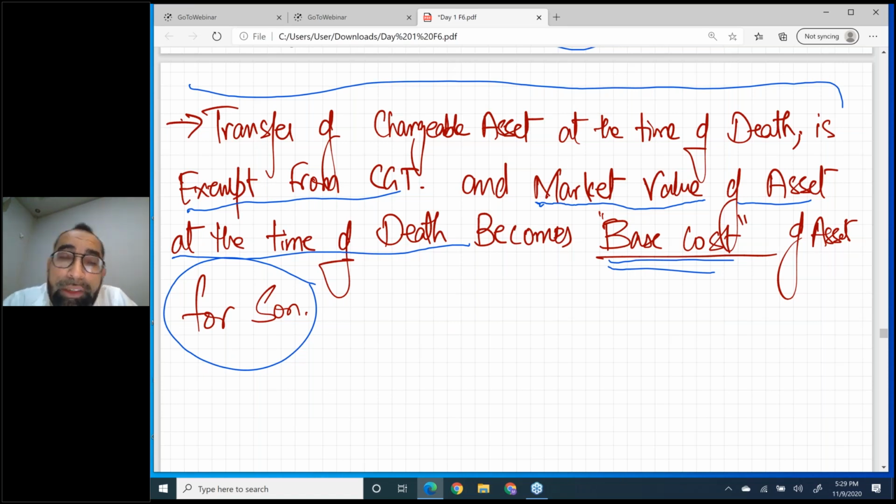From a CGT point of view, it is best to transfer assets at the time of death, not in life, because when you transfer any asset to a son, daughter, or anybody at death, there is no gain, no loss. There is no CGT, and the market value at the time of death becomes the base cost for the son.